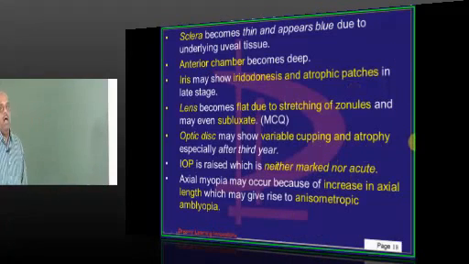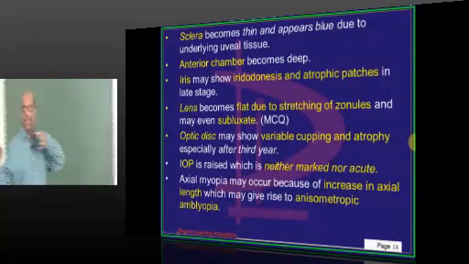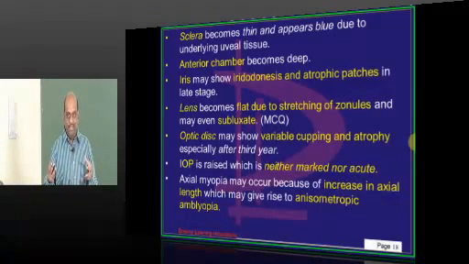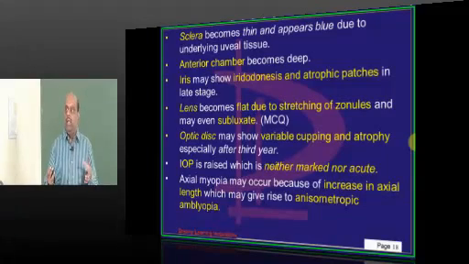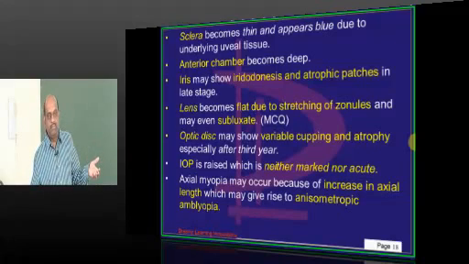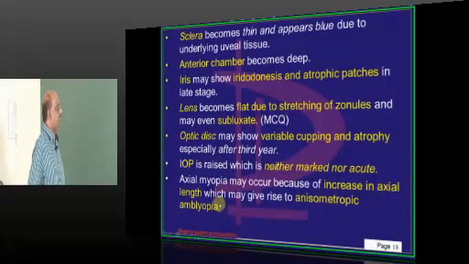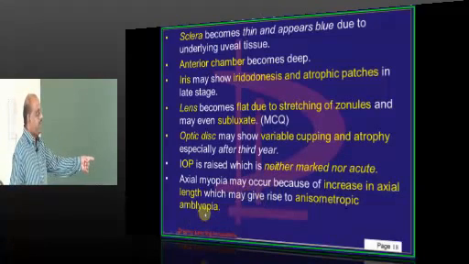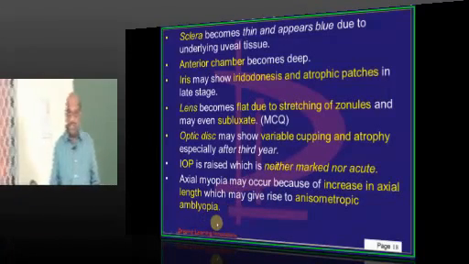And ultimately, because the axial length of the globe increases because of the stretching of the cornea in glaucoma, any increased diameter of the globe leads to myopia. So there can be development of axial myopia.